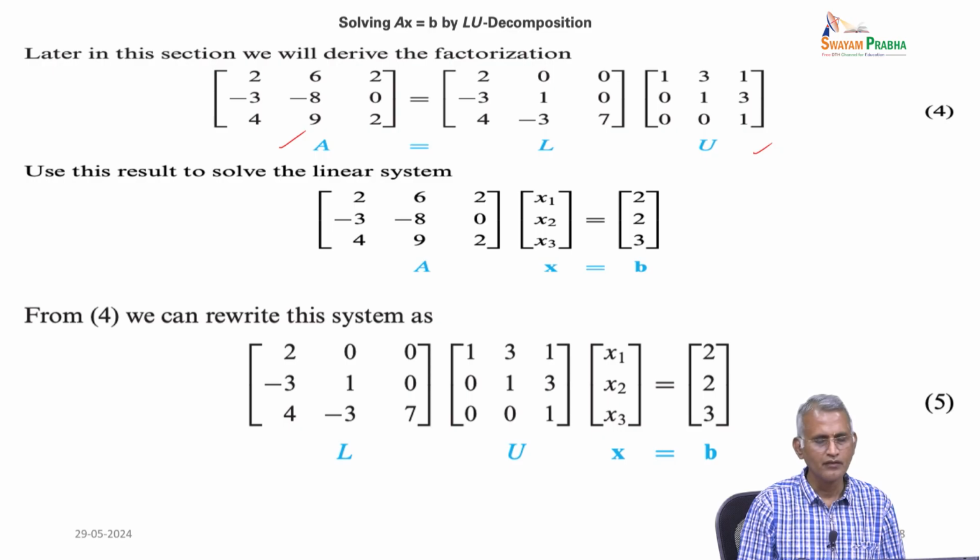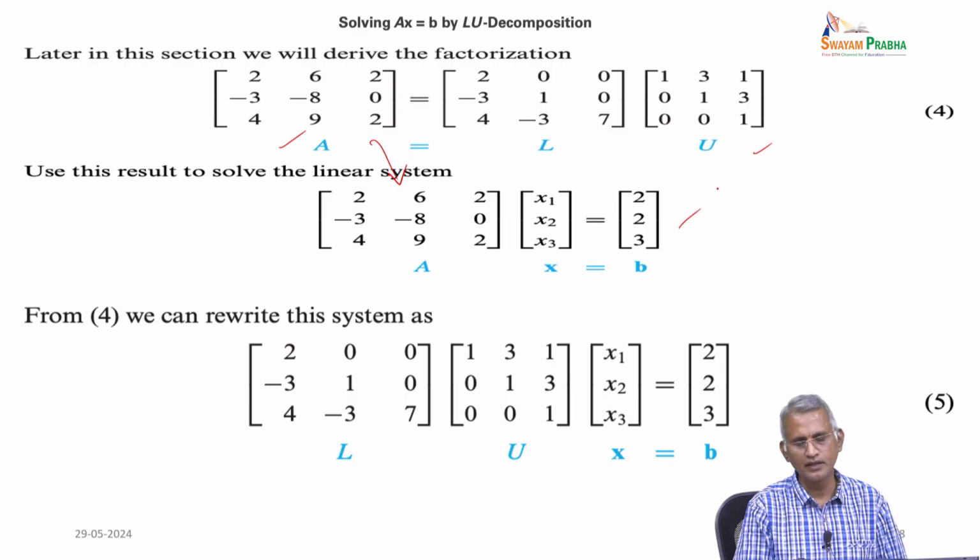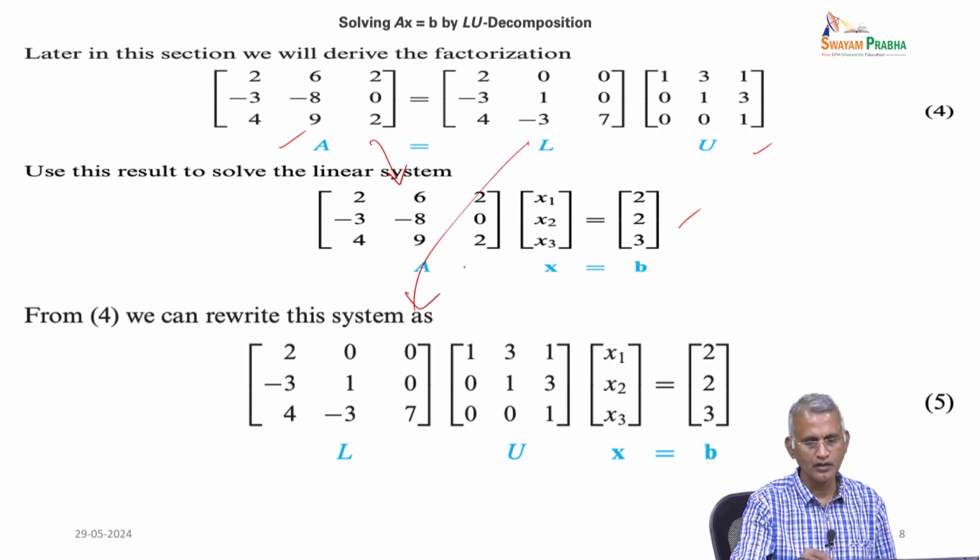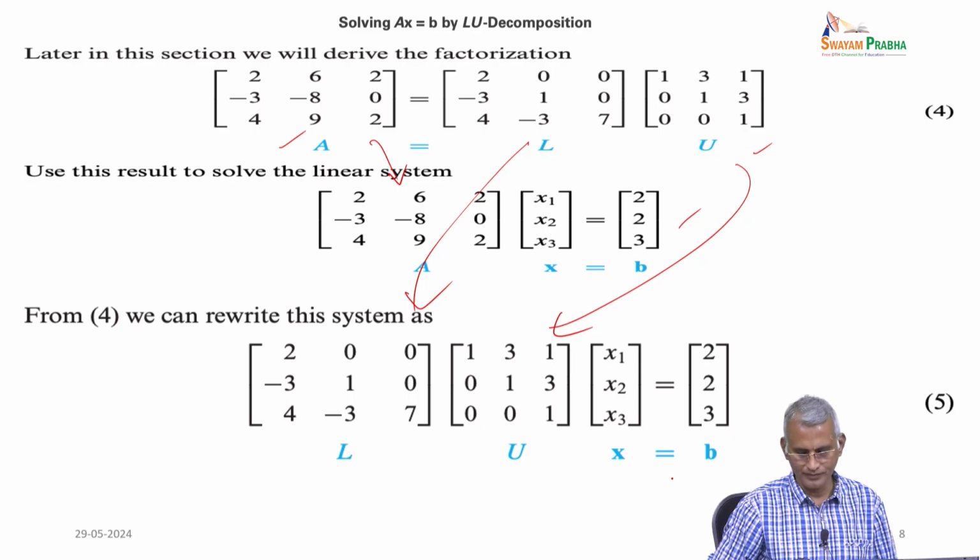Now, we take the A matrix times x1 x2 x3 equal to the corresponding 2 2 3 which is the vector B. Now, we can write the lower triangle matrix as this one and then the upper triangle matrix is this one, LUX equal to B.